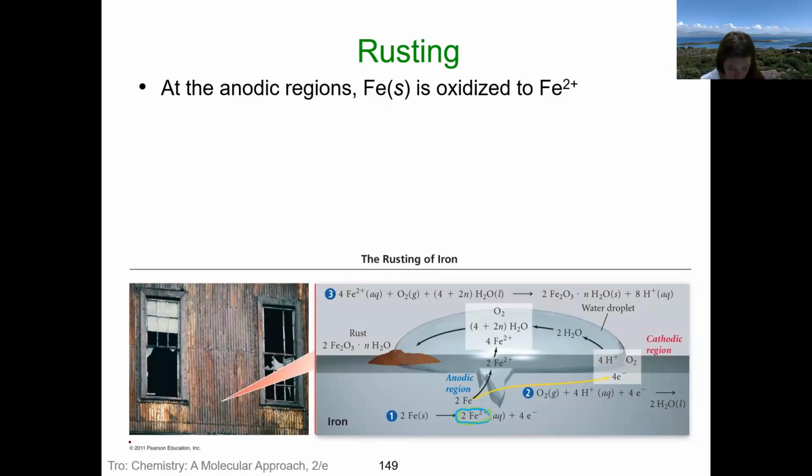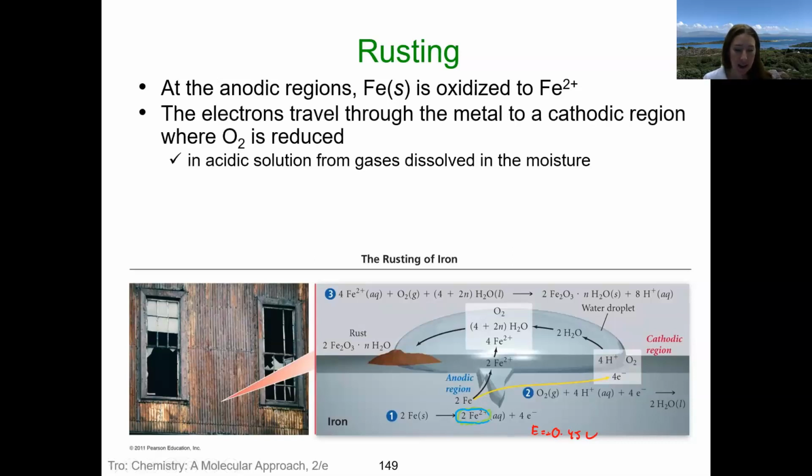Okay, this potential, E, is negative 0.45. Okay, so that's the first thing that happens. And then the electrons travel through the metal to our cathodic region where oxygen is reduced.